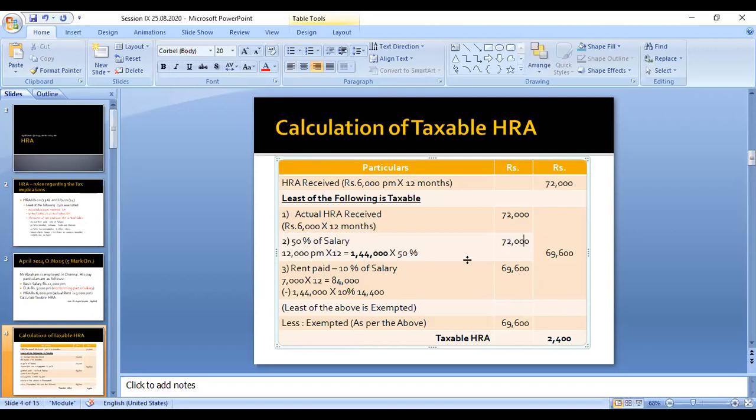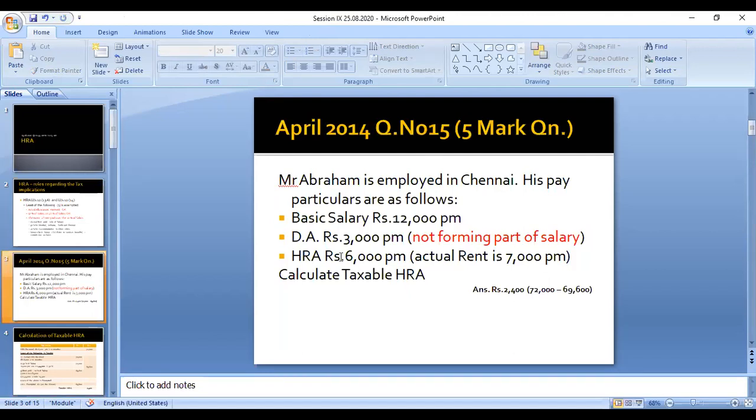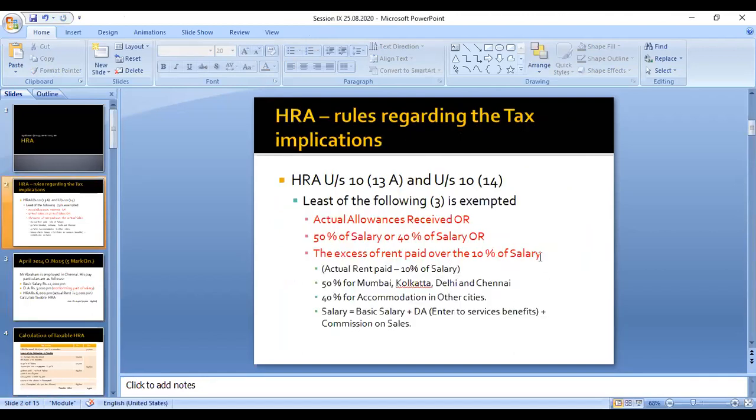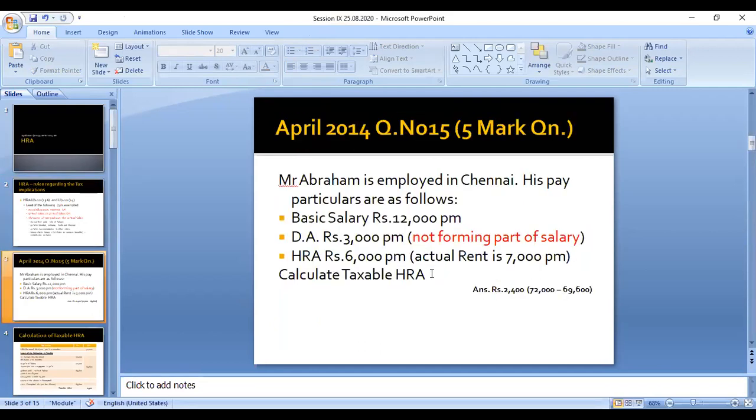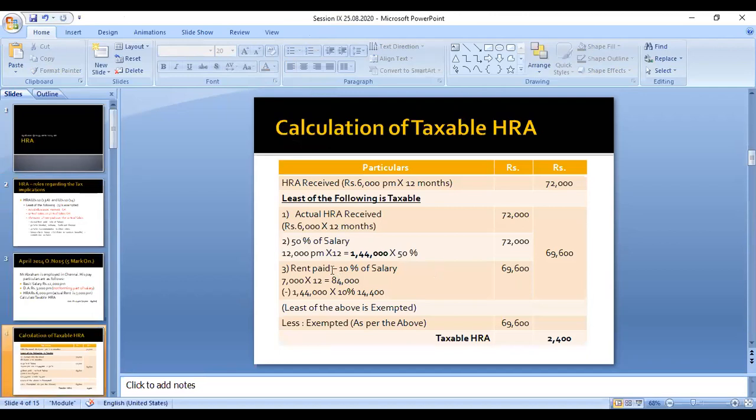Okay, next the third amount you have to calculate. What is the third amount? Rent paid minus 10% of salary. Here it is the excess of rent paid over 10% of salary. That means actual rent paid minus 10% of salary. What is the actual rent paid? You can see the problem.